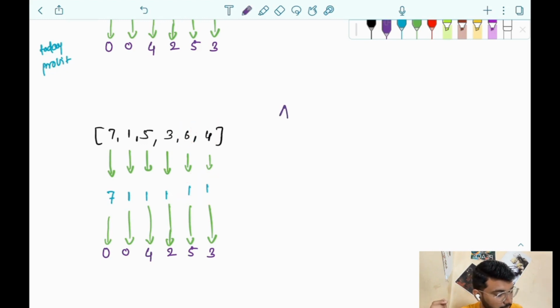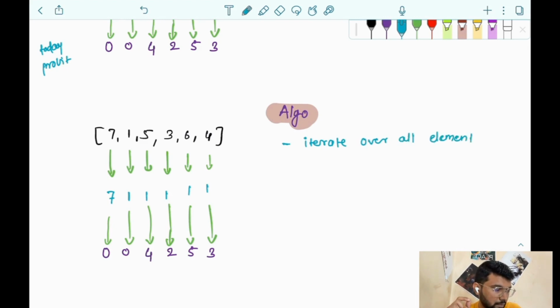So the algo is, first of all, iterate over all elements. Second thing is, we have to just compare the minimum until today to the current number, get the minimum between minimum until today and current price.